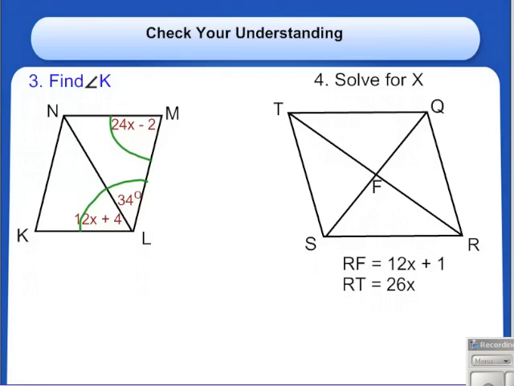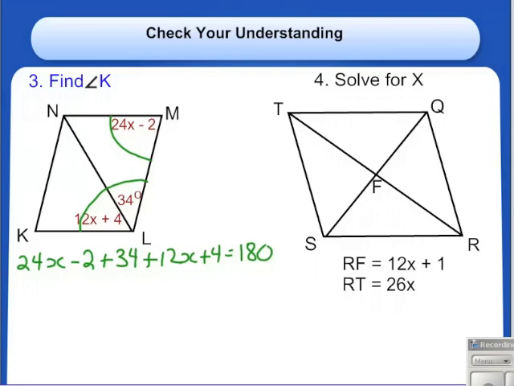Okay, I know we're looking for K, but we can solve for angle M first. So let's set it up: 24x minus 2 plus 34 plus 12x plus 4 is equal to 180 because they are supplementary.